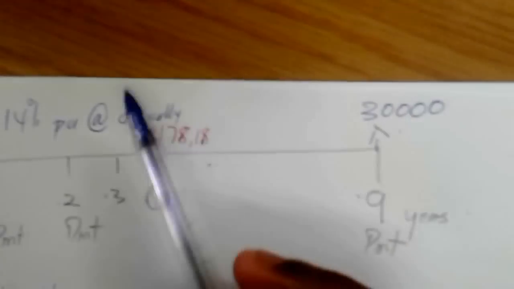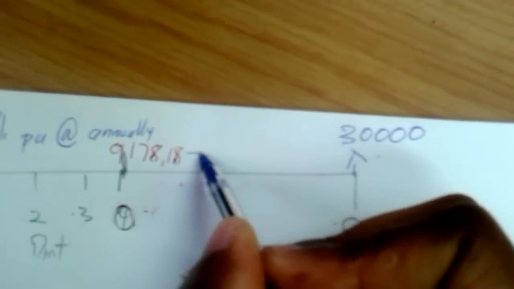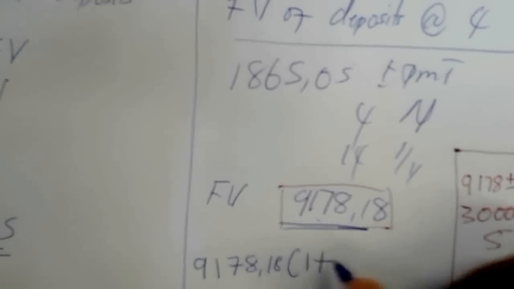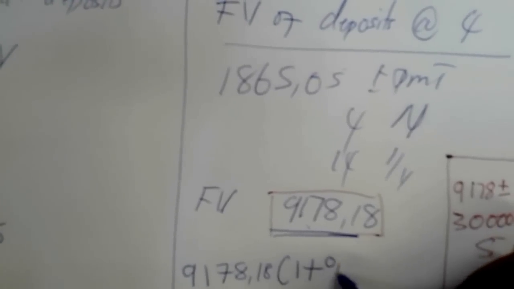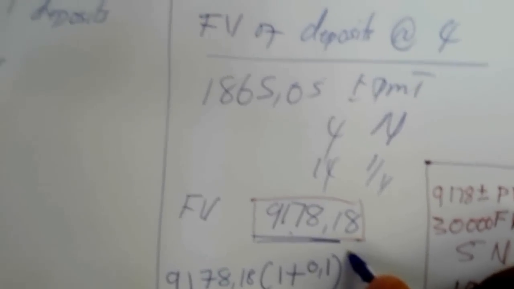But now let's come back here. Normally they will ask you to find the future value of this amount at the end of year 9. So we now must push this to year 9. So this is 9178.18 open bracket 1 plus 0.1, remember, the interest rate has changed, to the power of 5, which is 9 minus 4.